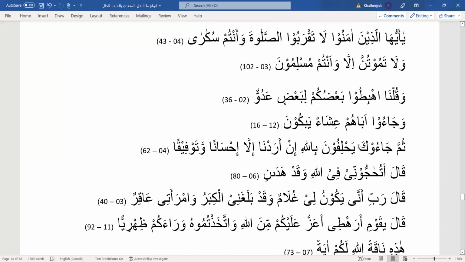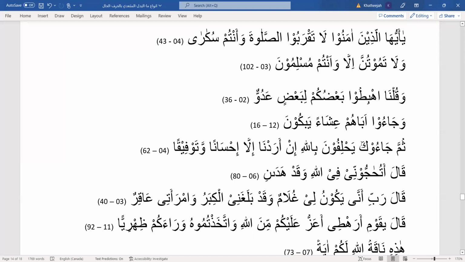Another example. ثم جاءوك يحلفون بالله إن أردنا إلا إحسانا وتوفيقا. Then they came to you swearing by Allah, we want nothing except excellence and harmony, doing good and harmony.